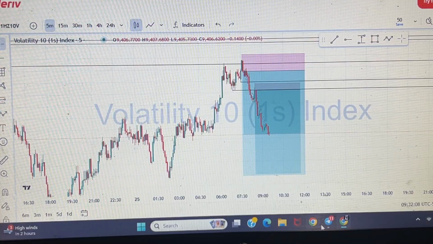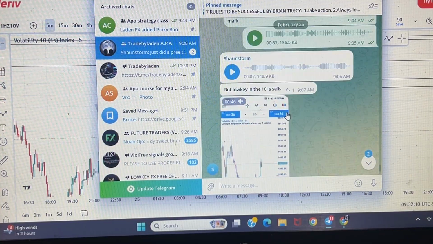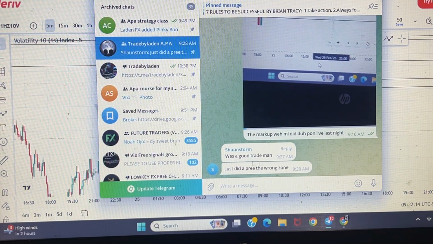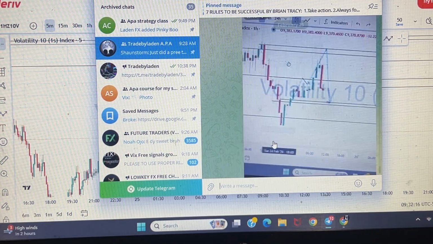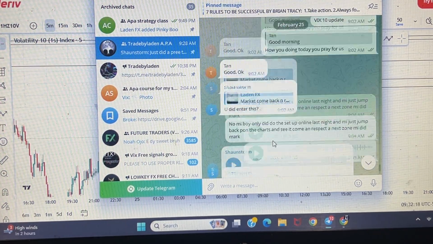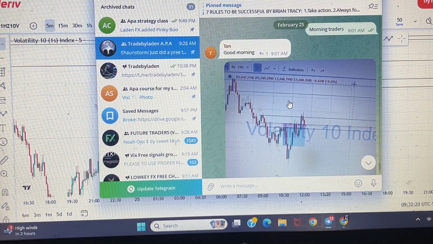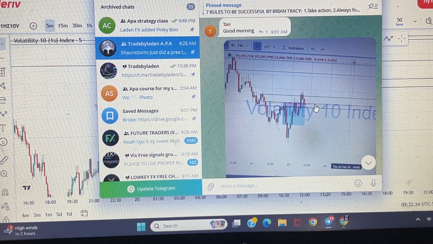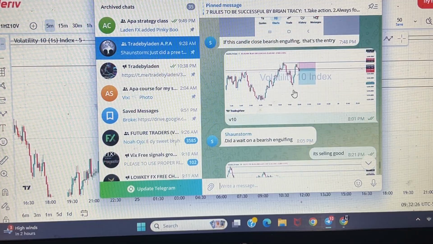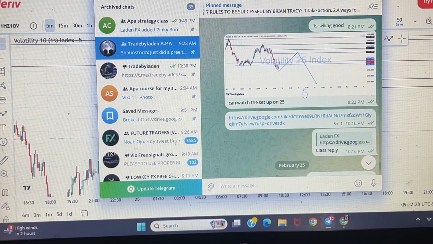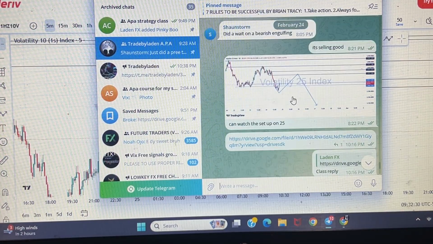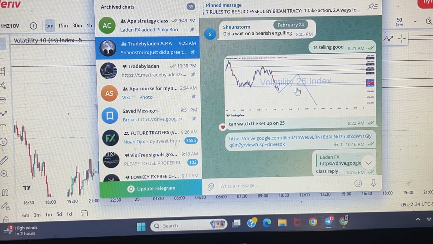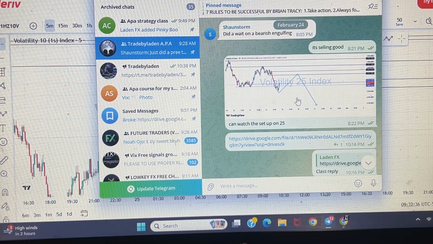So as I said, my group is right here, and we have active members in the group. It was a good trade, man. We have members in the group that are active and they are learning. So this was a VIX 10 setup that we did last night too, and this was before the VIX 10, and this is after the VIX 10, and this is a VIX 25 that we are anticipating the market to pull back towards the retest zone or structure retest zone and sell off.